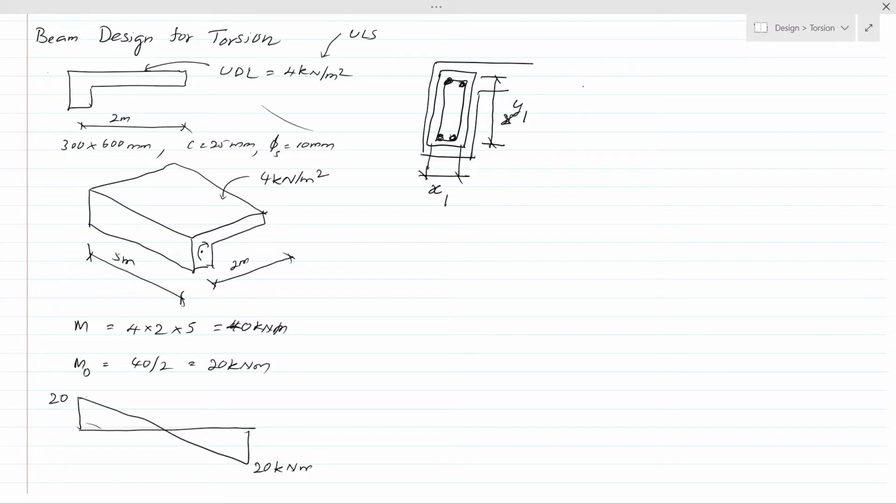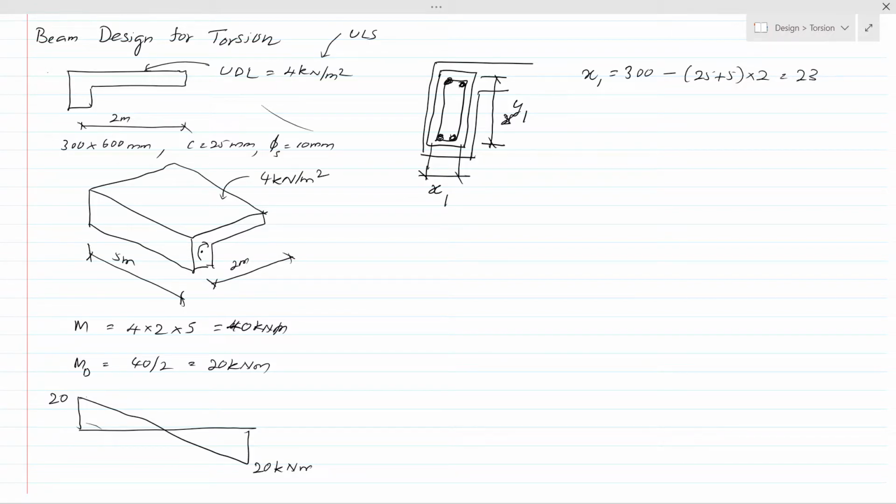So the height of the beam is 600, width of the beam is 300. Now let's calculate the minimum distance x1. x1 equals width of the beam 300 minus cover 25 plus stirrup diameter 5, into 2 because two sides are there.